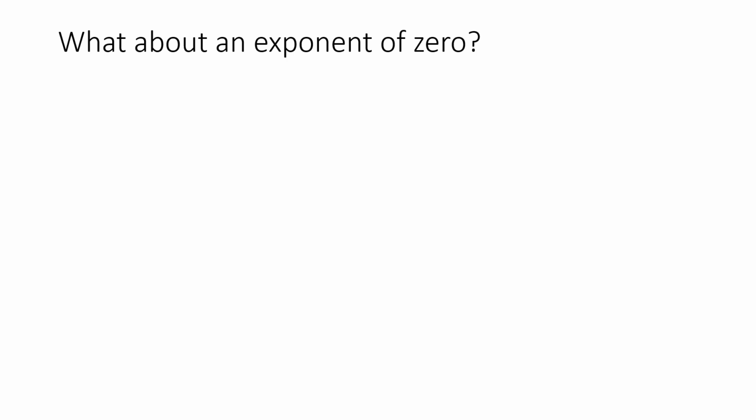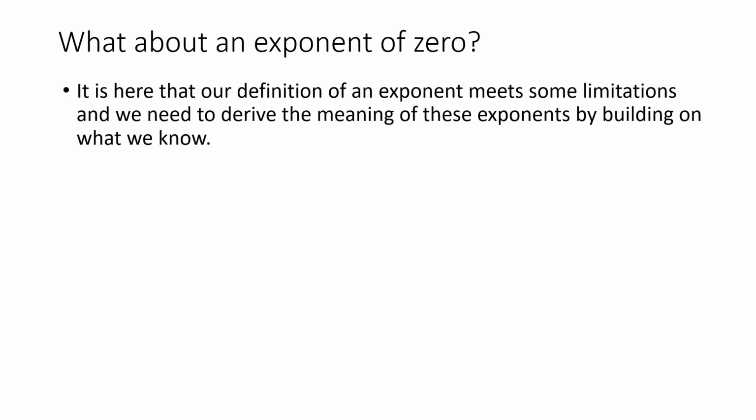Now, what about an exponent of 0? When we get here, our definition of an exponent meets some limitations. If you think back to when you were first told what an exponent is, it's usually defined as the number of times that something is used as a factor.